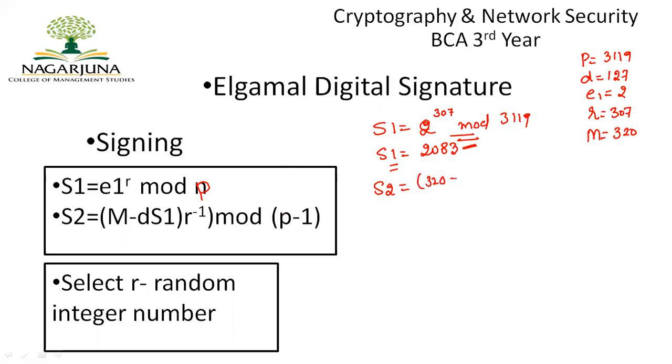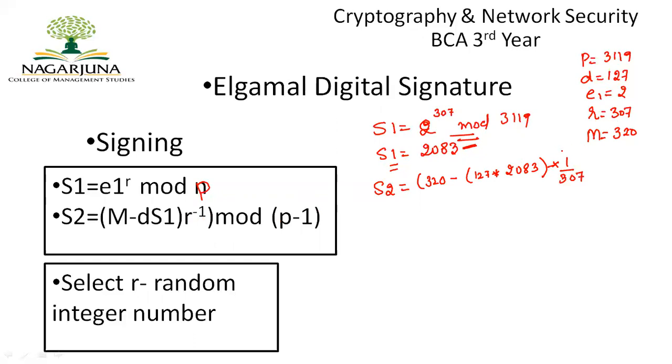So 320 minus D into S1, where D value is 127, into S1, which we have already calculated as 2083. This is what we have to take. And again, you have to perform a product operation with R, where R is considered as 307. So this is R to the power of minus 1, that is 307 to the power of minus 1, which can be written as 1 divided by 307.